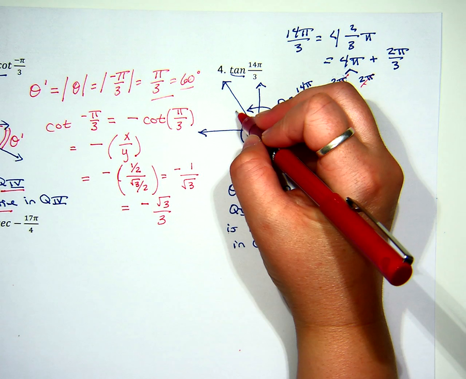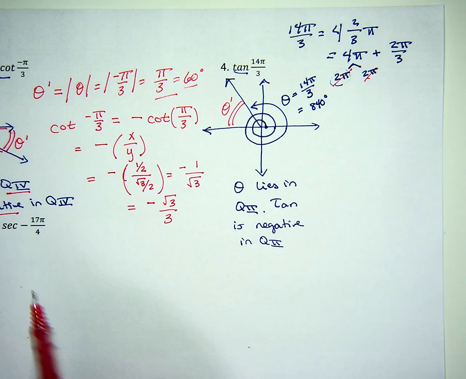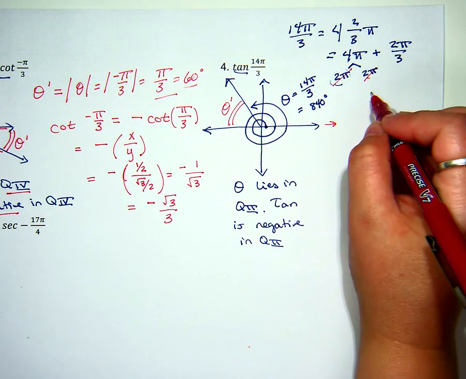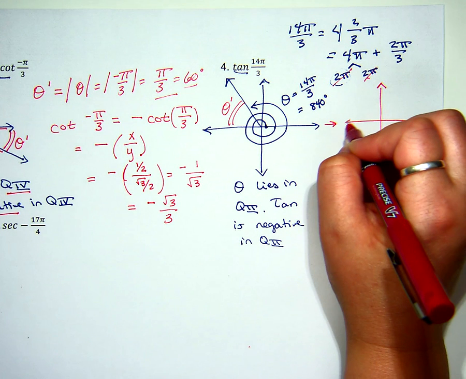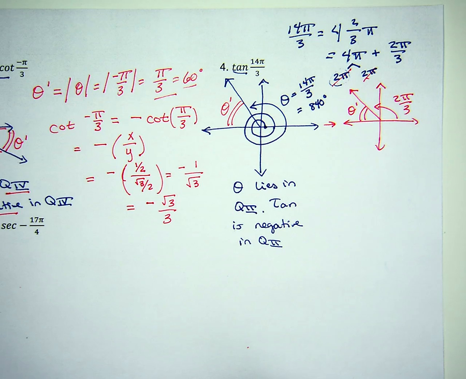Okay, here I have my theta prime. If I want to find my theta prime, basically we can talk about drawing this picture without our full rotation, if you'd like. Seeing it just a little bit better maybe helps. Basically what I did was I took out the full rotations so that we're just dealing with what's left.